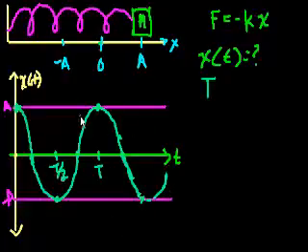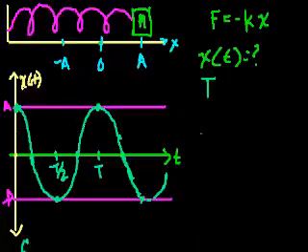So what does this look like? Well, I haven't proven it to you, but out of all the functions that I have in my repertoire, this looks an awful lot like a trigonometric function. And if I had to pick one, I would pick cosine. Why? Because cosine of 0 is equal to 1, right?